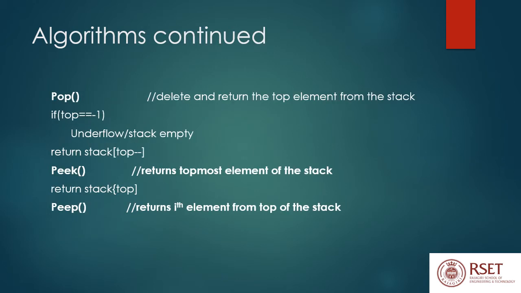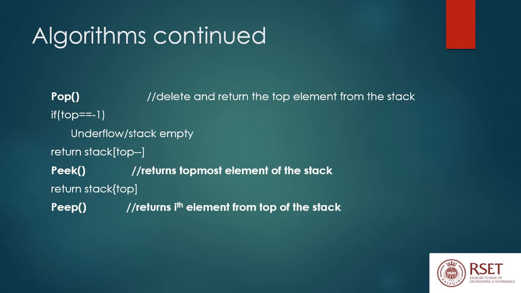Now you pop an element from the array. When you pop an element from the array, the first thing you have to check is, is there anything to be popped out from the array? If there is no element to be popped out, then there is no point in proceeding further. So the condition for underflow, or to check whether the stack is empty, is top equal to -1. That is the initial condition.